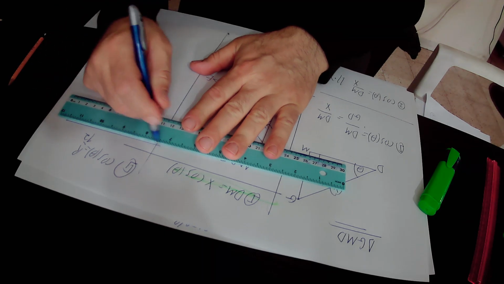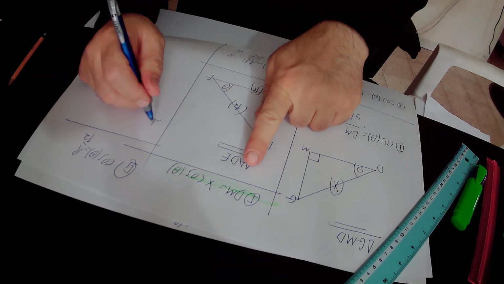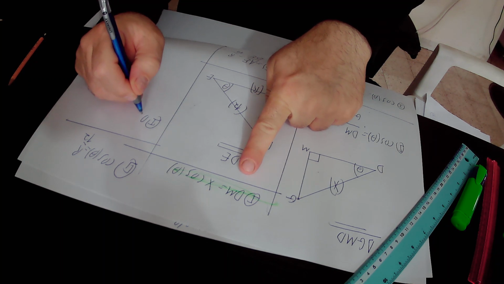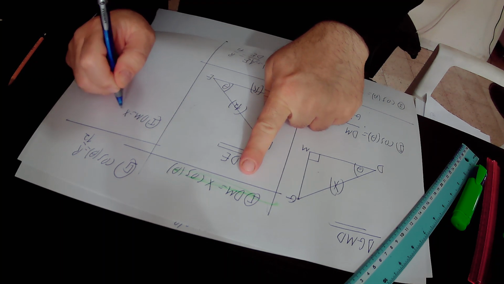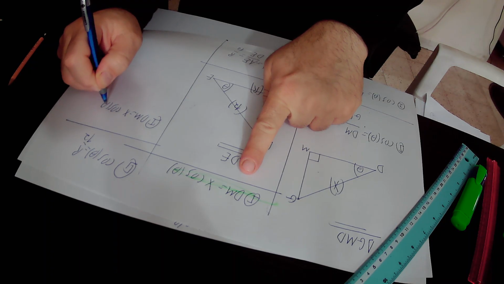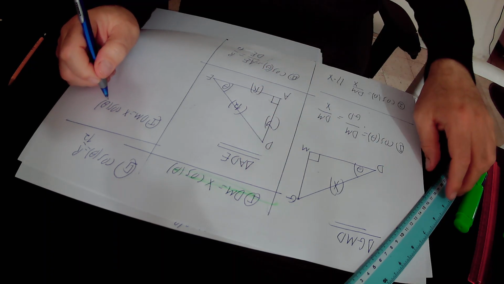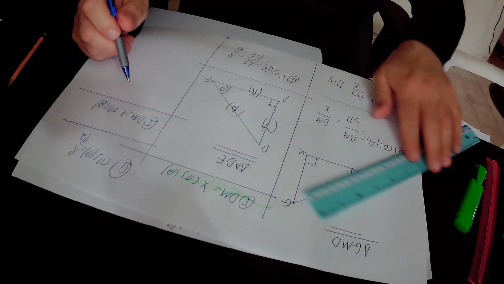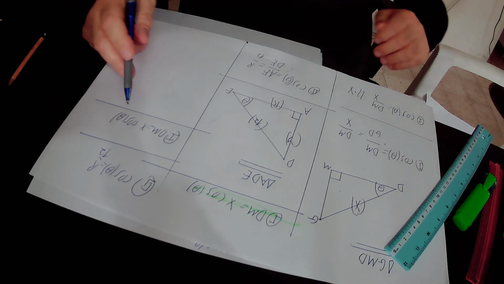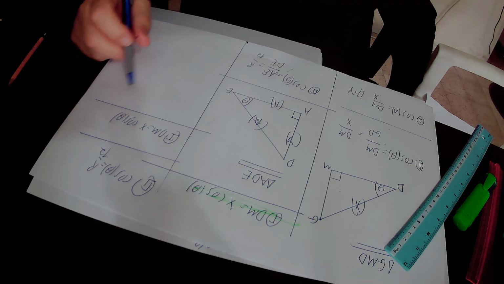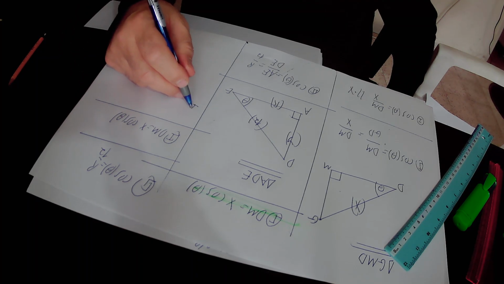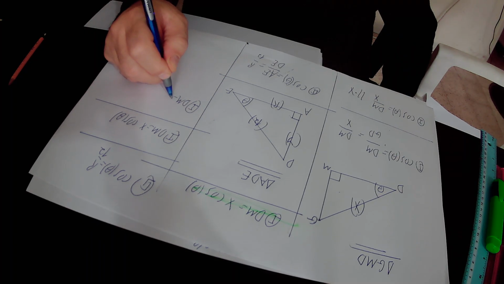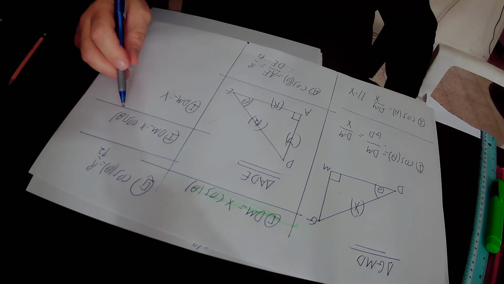While according to equation 1, we have already found out that DM equals x times cosine theta. So now we can substitute cosine theta in equation 1 by R over 12 from equation 2. We'll do it now, and we get that, according to equation 1, DM equals x times cosine theta.